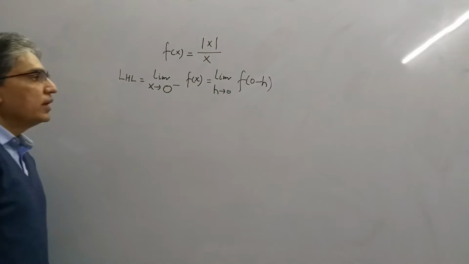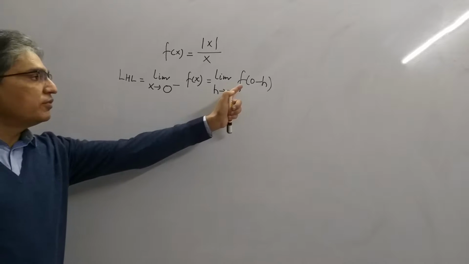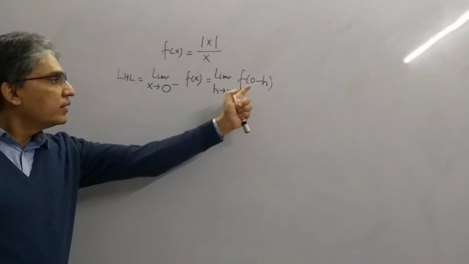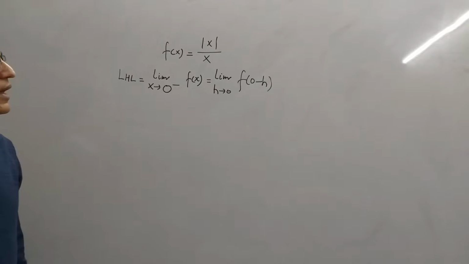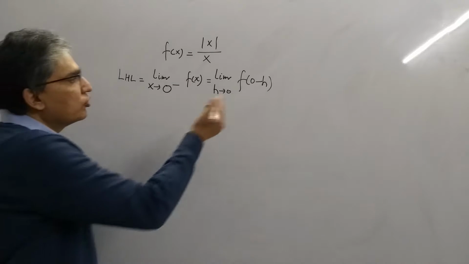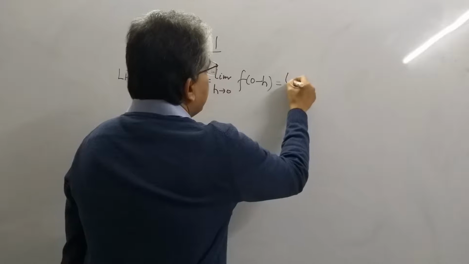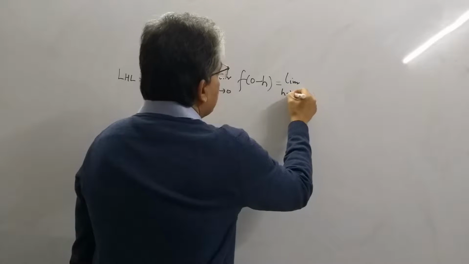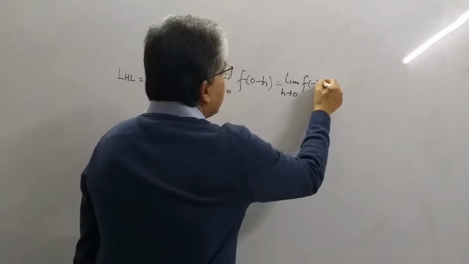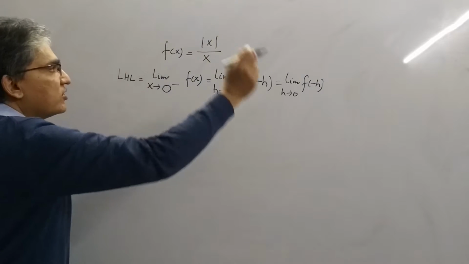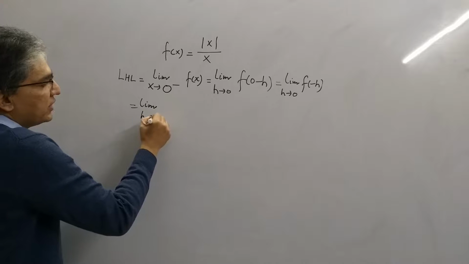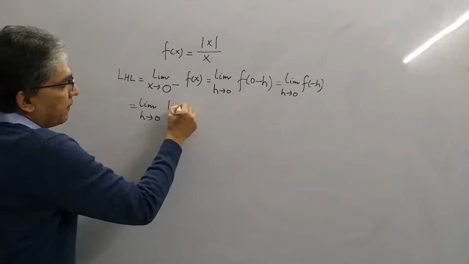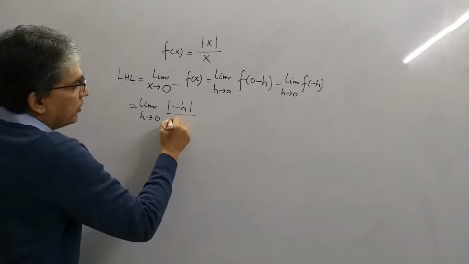You remember, I have to replace the function by a minus h, but here my a is 0, so it is f(0 minus h). So this is basically limit h tends to 0 f(minus h). Now we put minus h here. So this is limit h tends to 0 of modulus of minus h upon minus h.